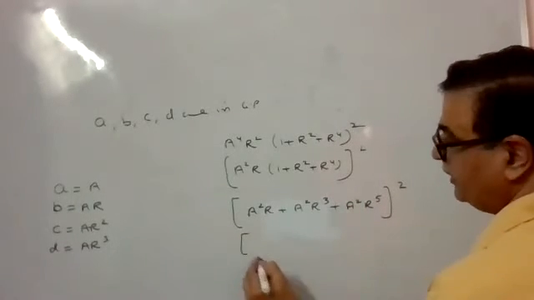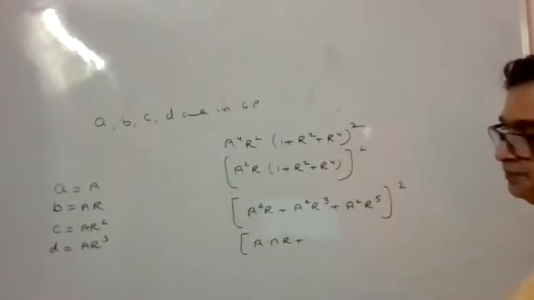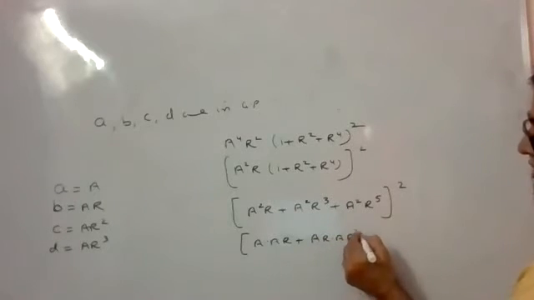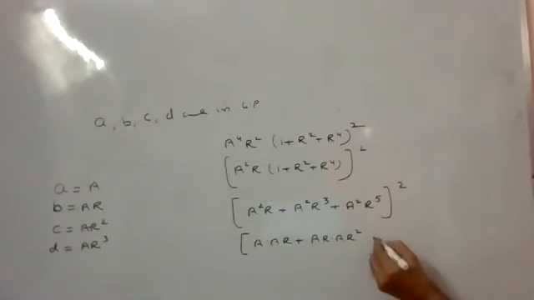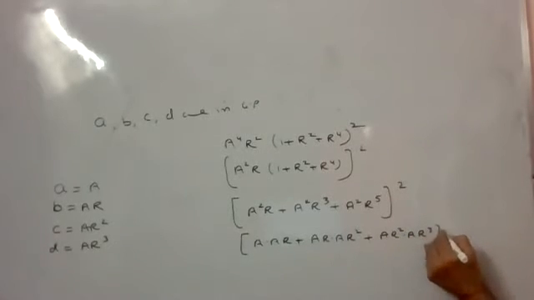And when you solve it, what it should be? This I can write a into ar. This I'll write ar into ar square. This I'll write ar square into ar cube. And its whole square is here.